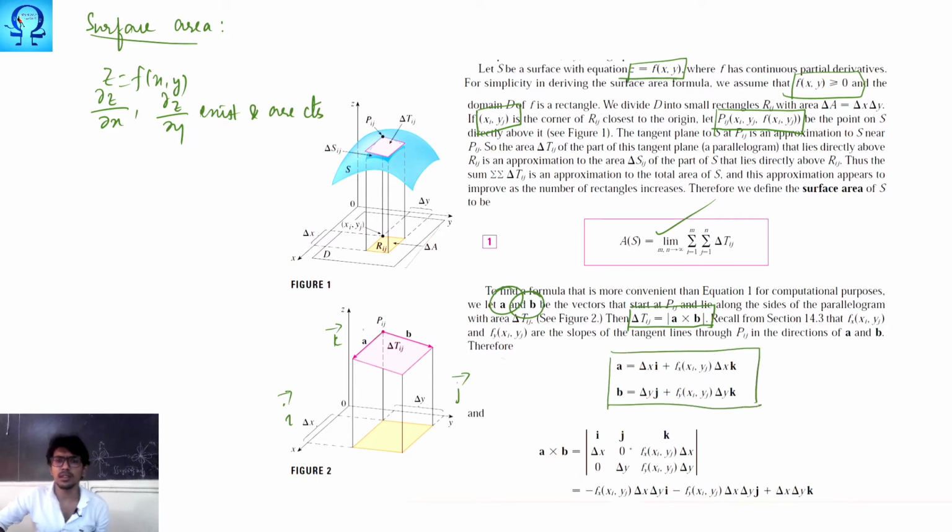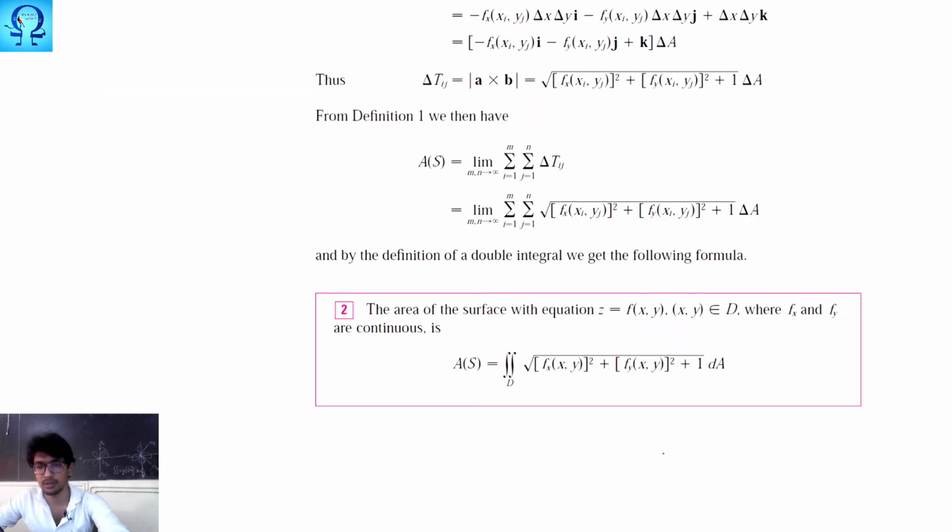From this we can easily find the cross product, that is the determinant of i, j, k vectors and the respective coordinates. When you take the determinant of this, you get a vector cross b vector to be this quantity: minus fx, that means minus del f upon del x, and this is del f upon del y.